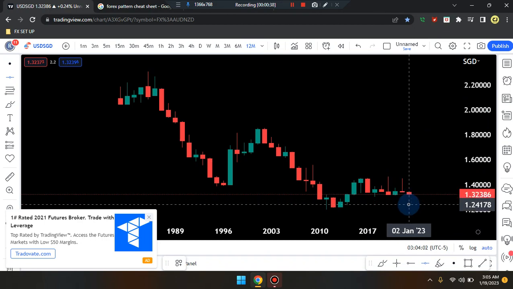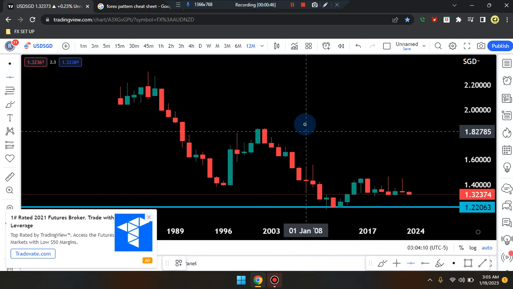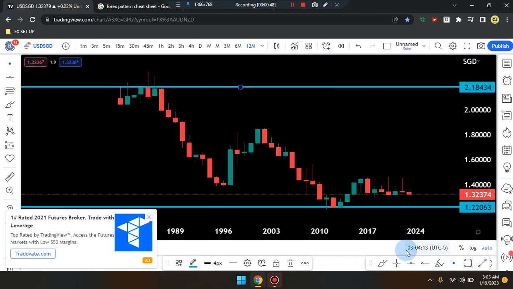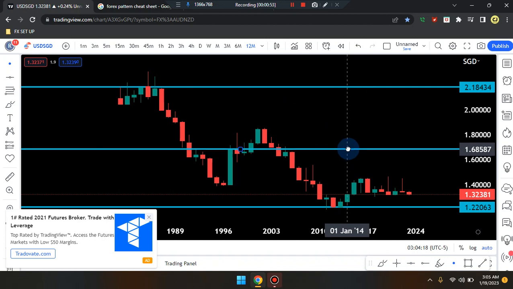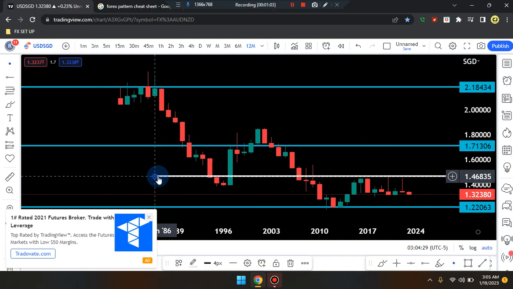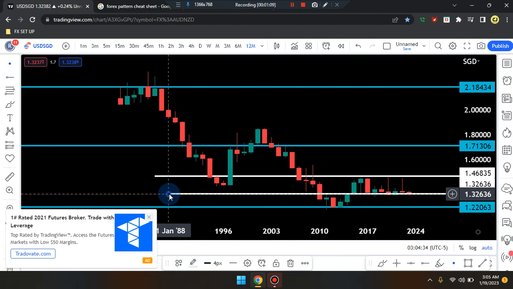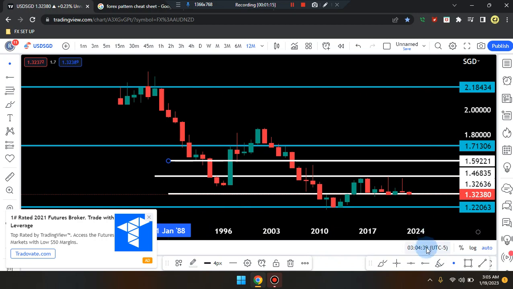We do have price action overall, lower lows, price action overall, higher highs, midpoint, also adding second level lows, third level lows, and fourth level lows.